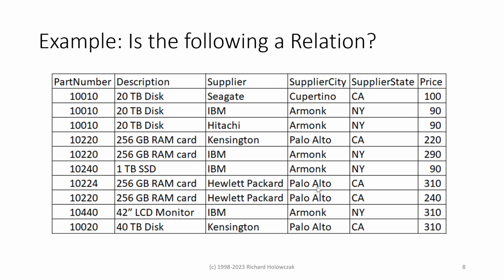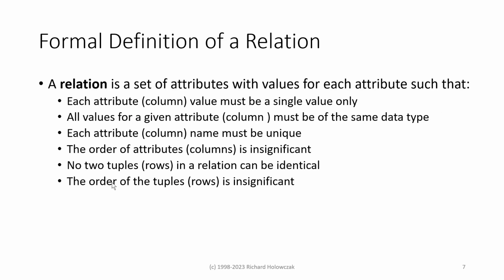Even here for Hewlett-Packard, Palo Alto, California, the prices are different and the part numbers are different. So sometimes you have to look a little carefully and just make sure that every row is unique. So, the question again, is the following a relation? I would answer yes, because the relation upholds all 6 of these properties.